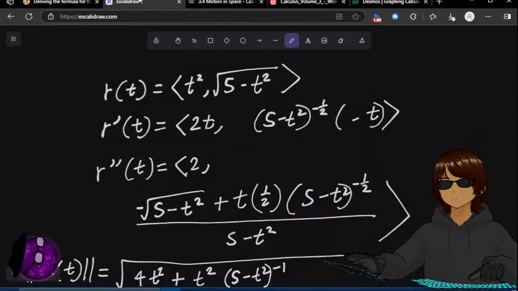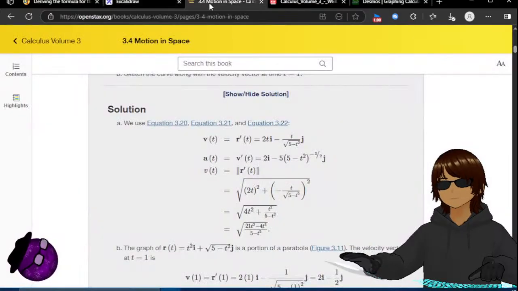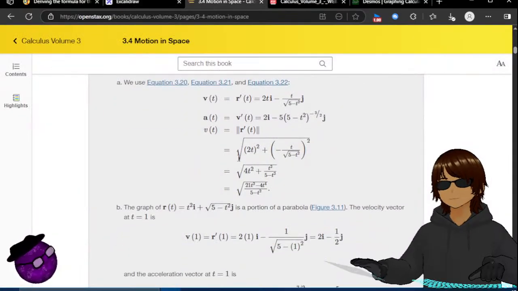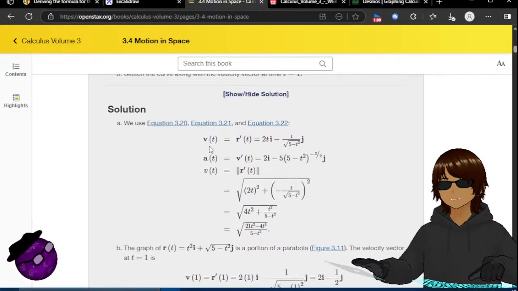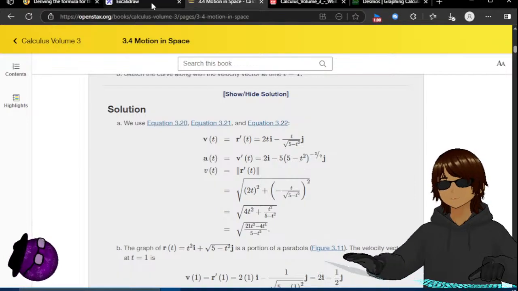The second derivative, the acceleration, is the derivative of velocity. So 2 minus 5, 5 minus t square minus 3 over 2.